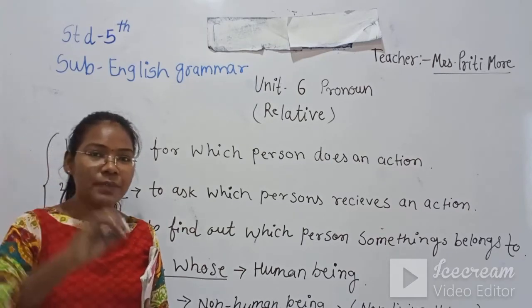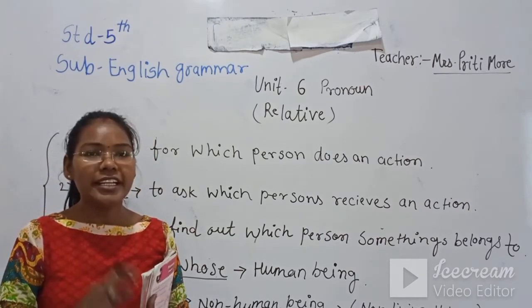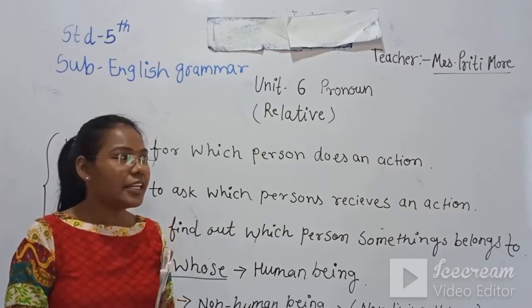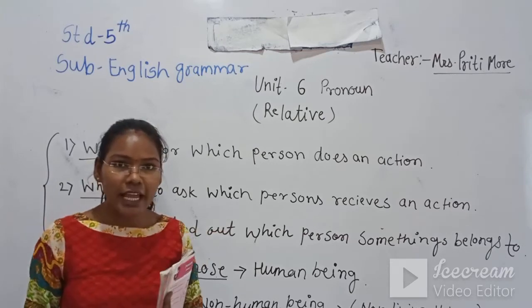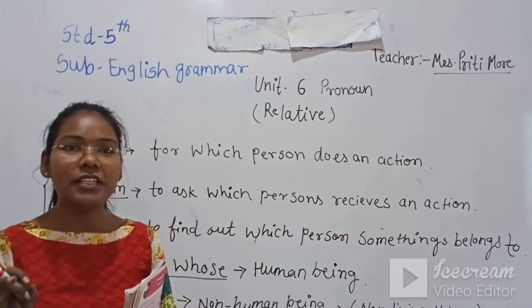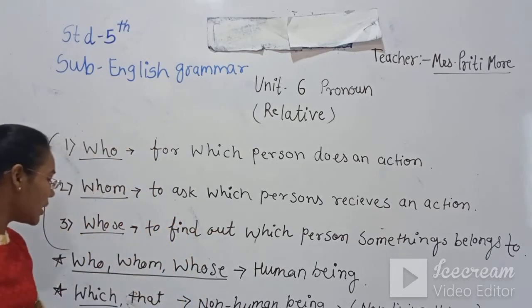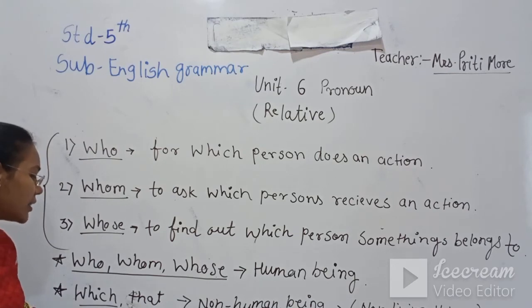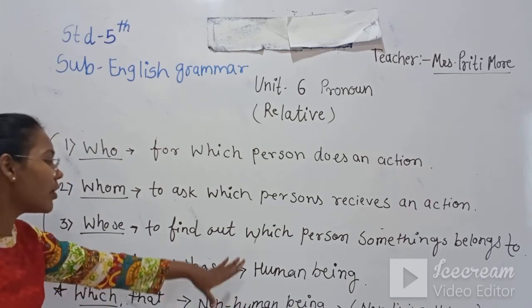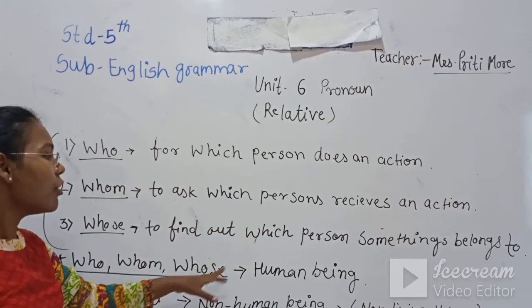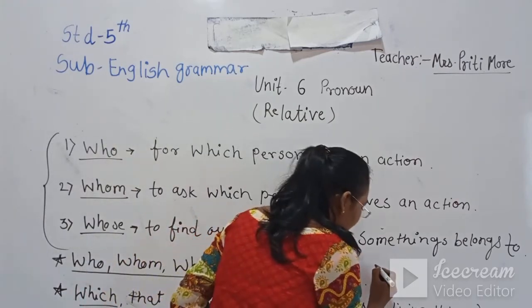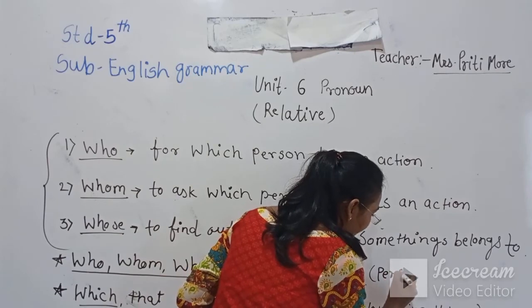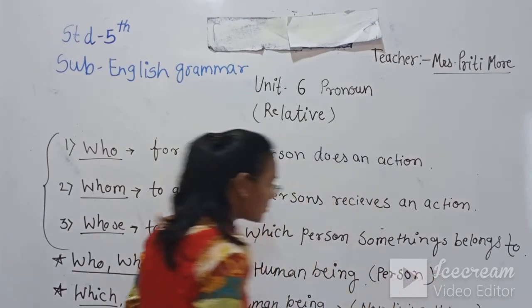That means any place can be there, any class can be there, any non-living thing. For non-living thing we use which and that, and for human being, for a person, we use who, whom and whose. Here also I just write in the bracket, person.